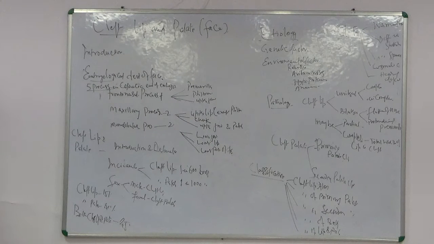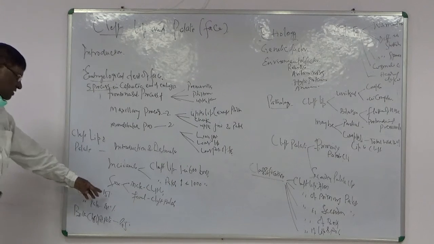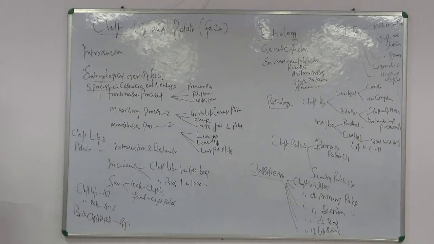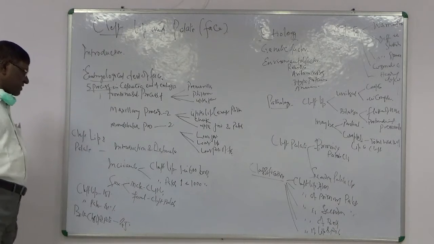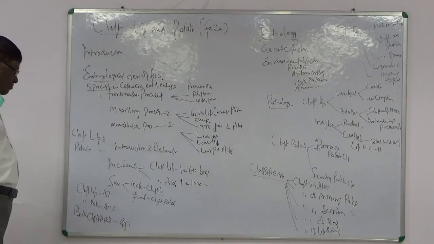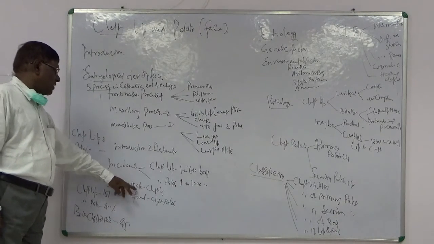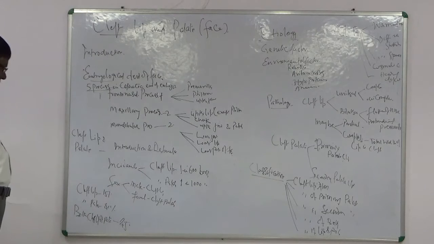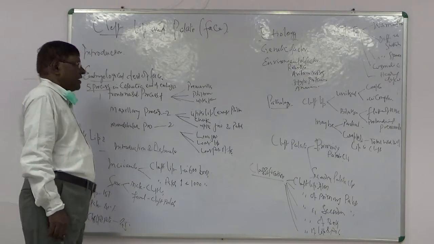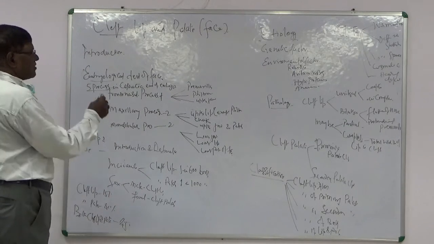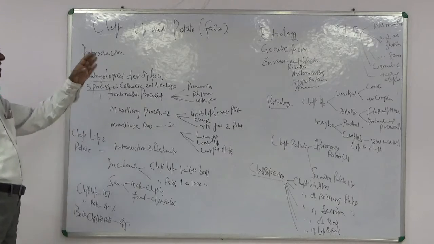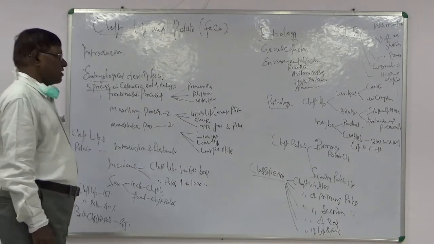Incidence is more in the bilateral, that is both cleft lip and cleft palate, 45%. Cleft lip only occurs in 15%, and only cleft palate occurs in 40%. Sex: mostly upper lip cleft is common in males, and cleft palate is common in females. Etiological factors can be divided into 2 groups, that is genetic groups and environmental groups.